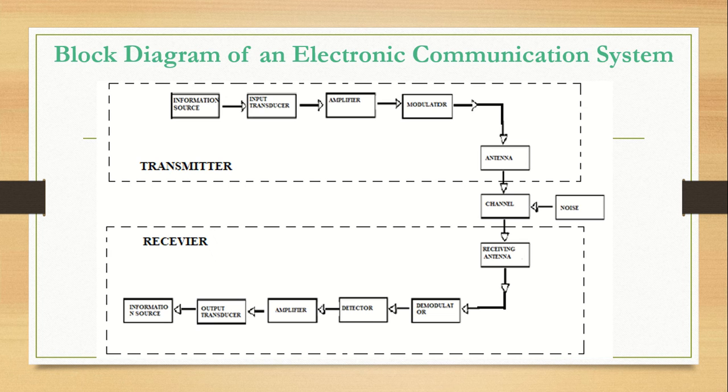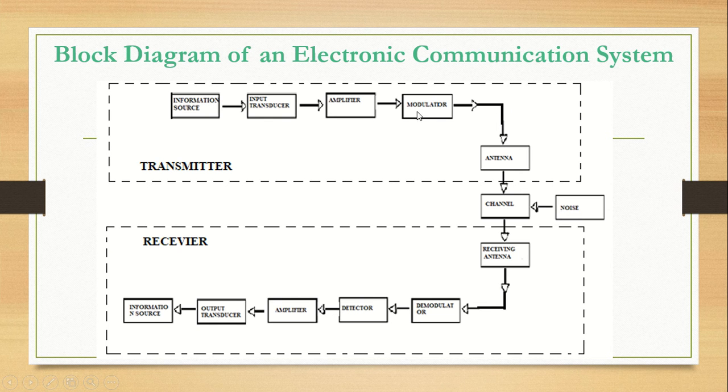In a little more detail, on the transmitter side we have the information source, input transducer, amplifier, modulator, then the transmitting antenna, and the channel where the noise will get in. Then we have the receiving antenna, then the demodulator, detector, amplifier, output transducer, and information destination. The information source could be a voice, a picture, whatever, and it will be input to the transducer, which converts the analog signal into an electrical signal, and this will be amplified and modulated.